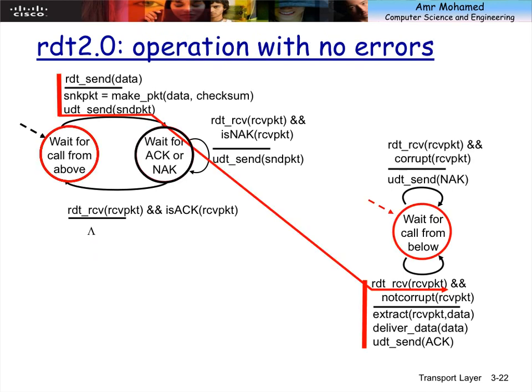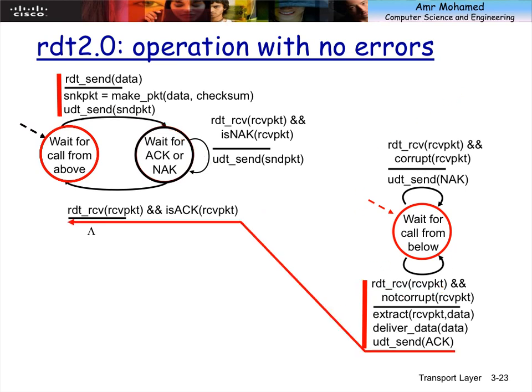This slide describes the operation. If everything is correct, when I send the packet, it arrives with no error. So it triggers this part, which means that it goes up to the application and I send positive acknowledgement.